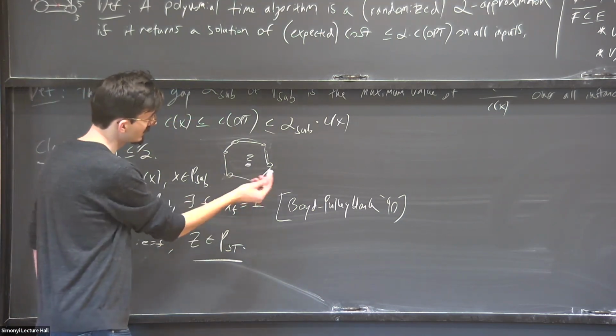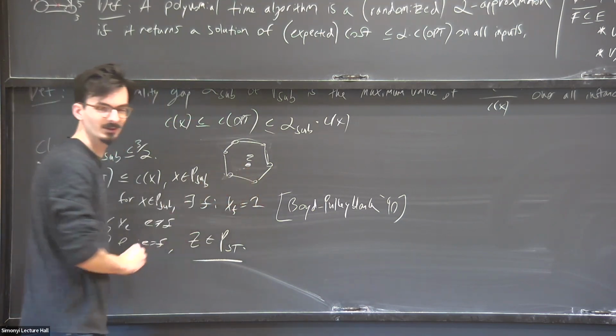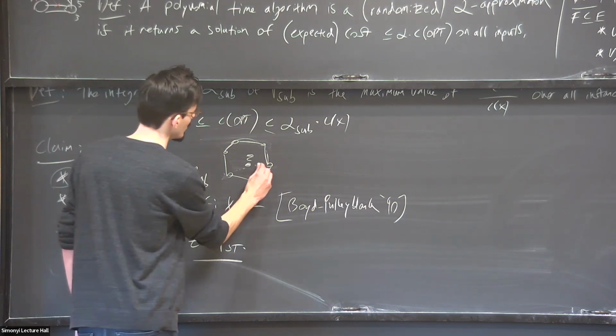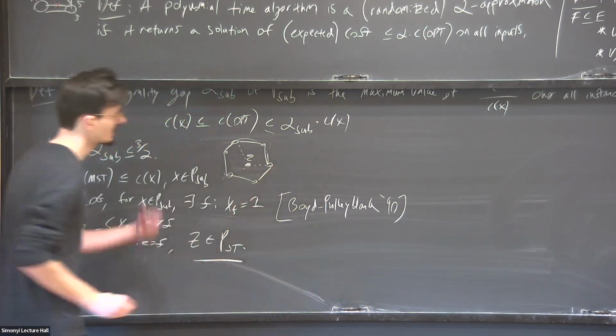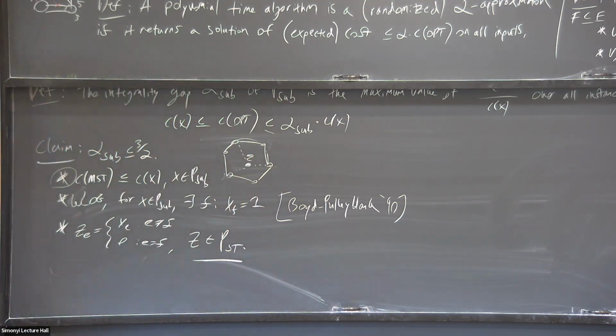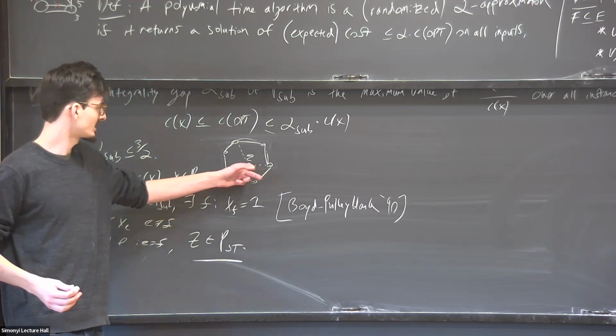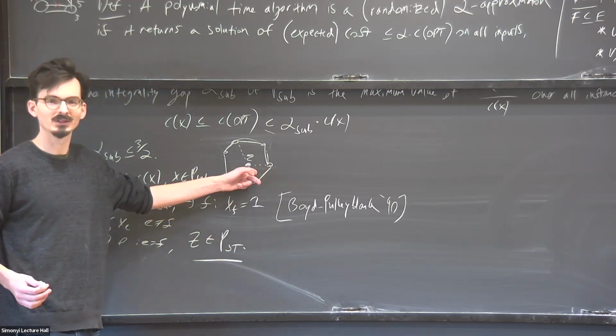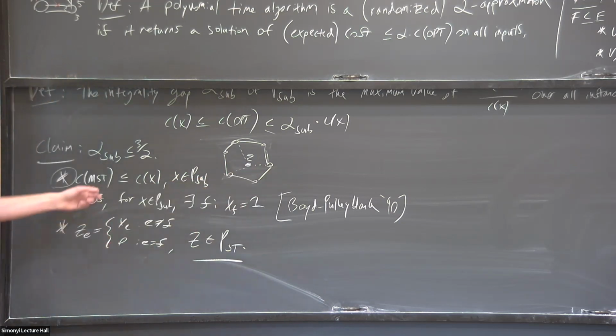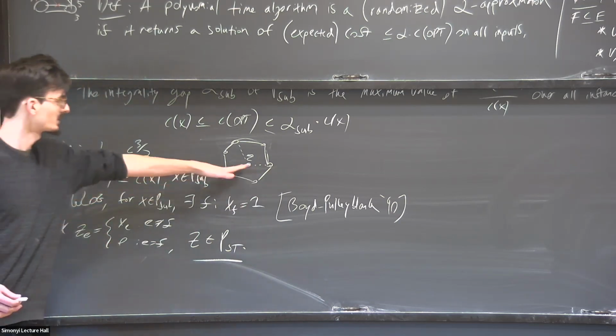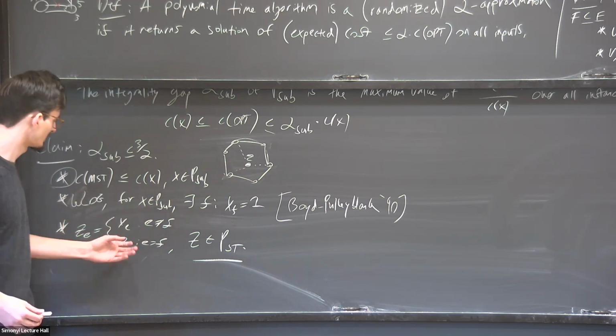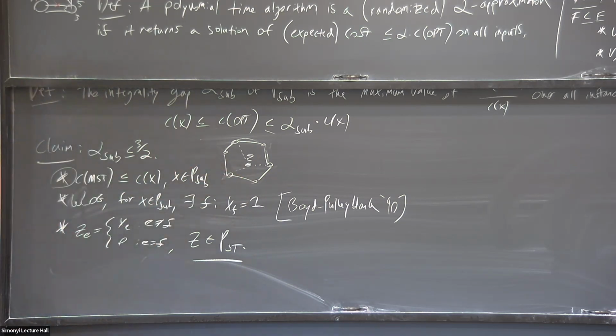And I can write Z, using Carathéodory's theorem, as a convex combination of some number of integral spanning trees. Right? So it's the average of some spanning trees. So definitely one of these spanning trees costs at most the cost of Z. So therefore, the cost of the minimum spanning tree is at most the cost of Z, which is at most the cost of X, because all I did was make one edge smaller, right?